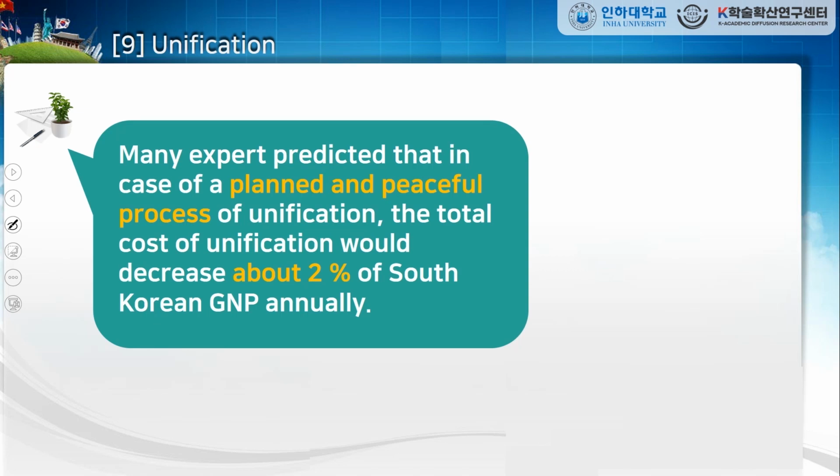But many experts predicted that in case of a planned and peaceful process of unification, the total cost of unification would go down from 3 to 4% to about 2% of South Korean GNP annually. Personally, I doubt it. I don't think a planned and peaceful process of unification will be made in the inter-Korean relations.